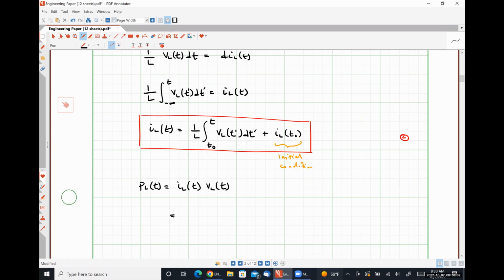If we substitute in our first relationship, what we'll find is that the power absorbed by an inductor is L times the current times the derivative of the current.